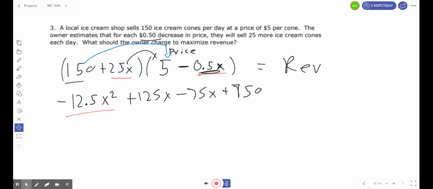All right, now we're not quite into standard form yet. We need to combine our middle terms because they are like terms. So our final equation has negative 12.5 x squared out front, and 125 minus 75 is positive 50x, and then plus 750.